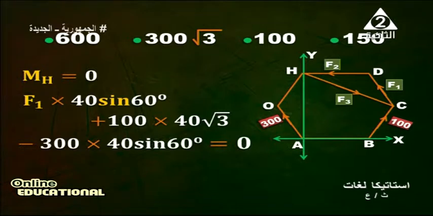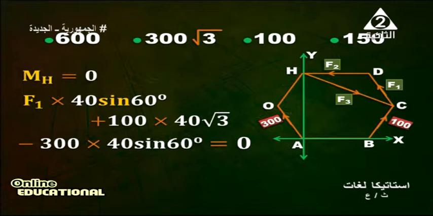Why moment about H? Because the moment about H helps me to calculate F1 without using F2 and F3. When finding moment about H, F2 and F3 act at point H so their moment equals 0, but F1 does not act at H.